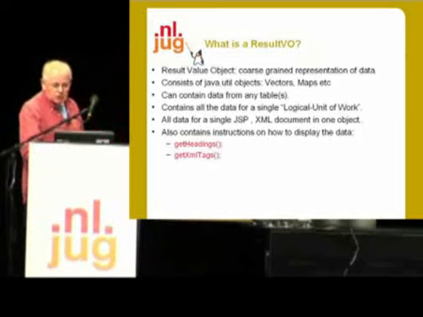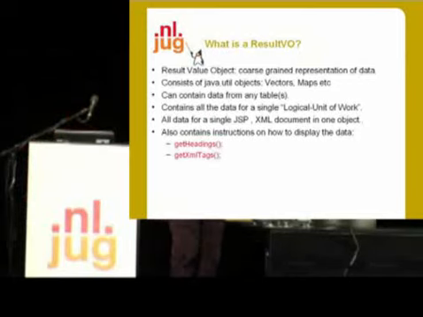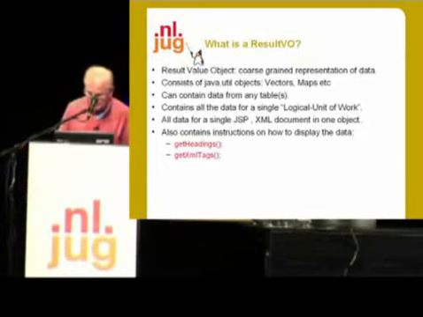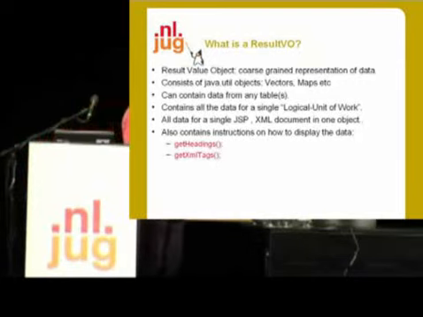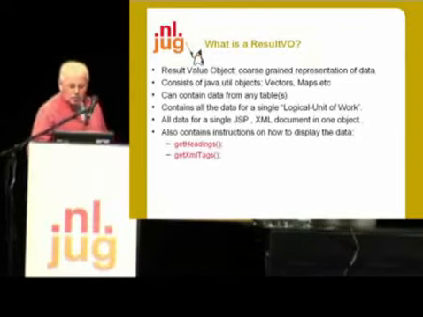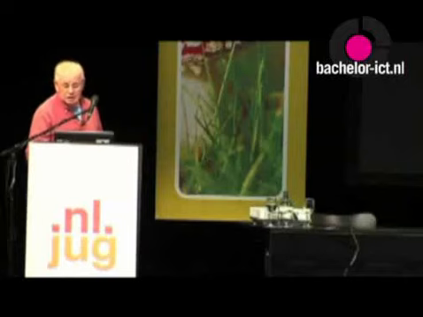And it also contains instructions on how to display the data, so the headings and the XML tags. And as I said earlier, it's a standard application interface, so that it makes it very easy to write our view if we know that we're always going to receive the data in a particular object.